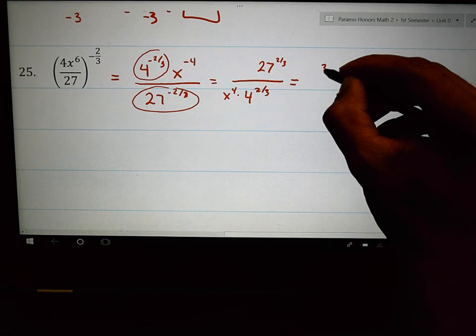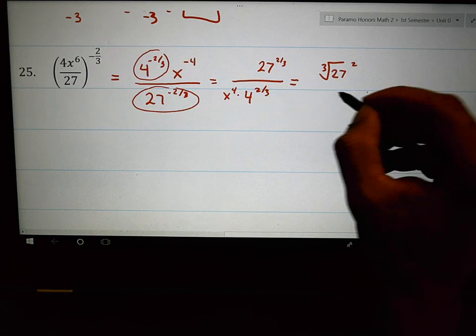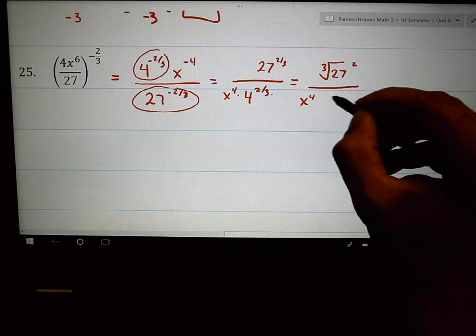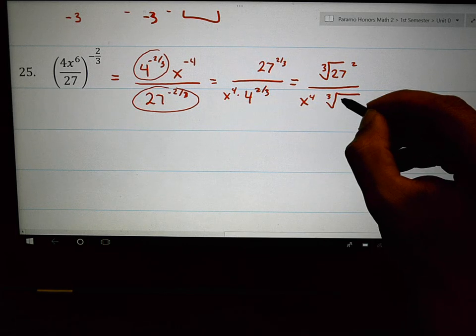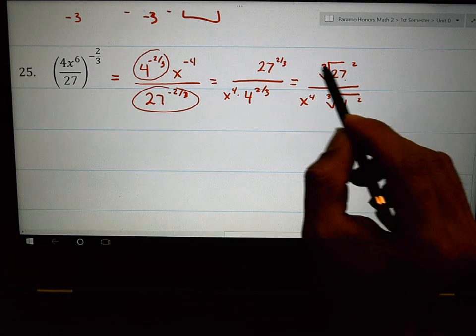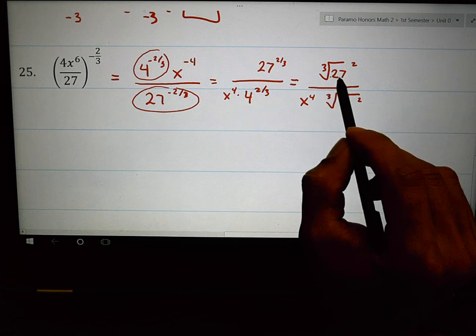3rd root of 27 squared, x to the 4th. This only applies to the 4th. 3rd root of 4 squared. I think this numerator will be the easiest to deal with. 3rd root of 27, I bet you know what that is.